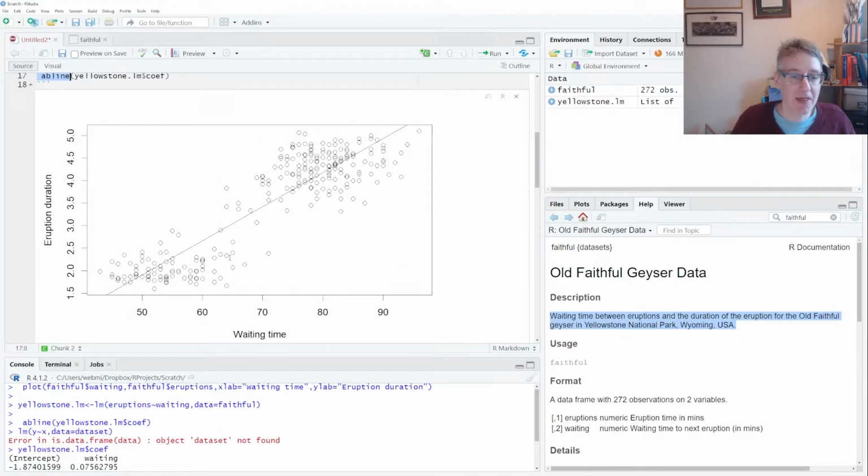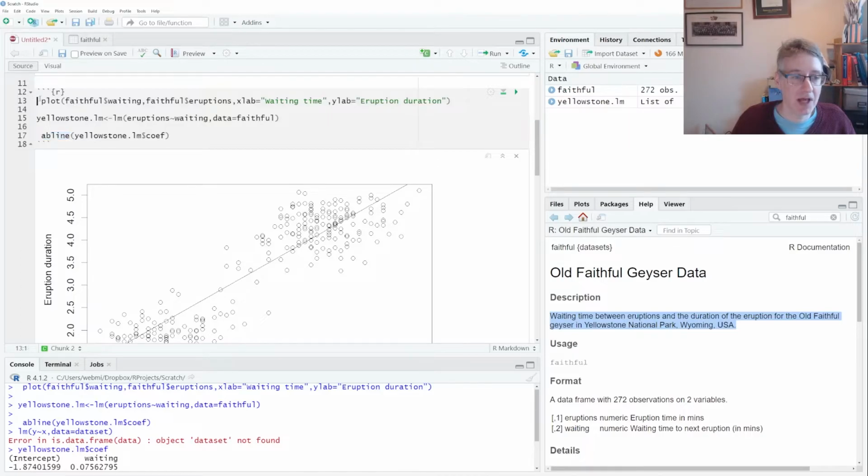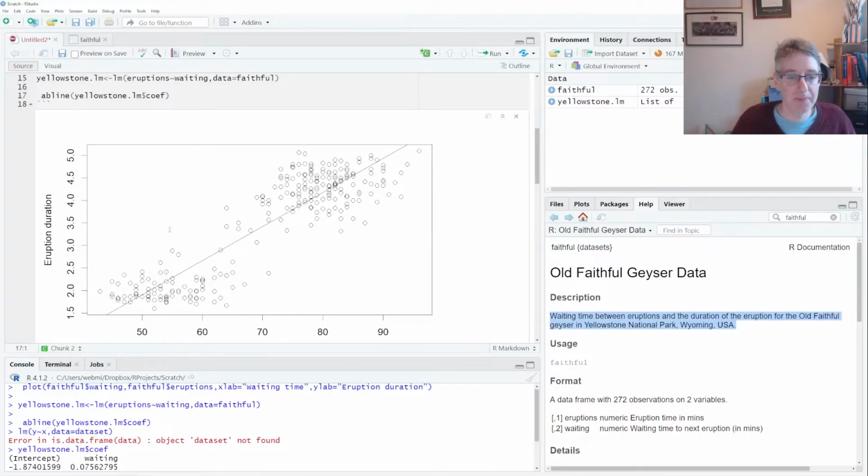Altogether, what I'm telling R to do is draw the graph without the line, find the line of best fit, and then draw it. So the first line draws just the graph without the straight line, the second line finds the straight line, and this final line draws the straight line. And that's it.